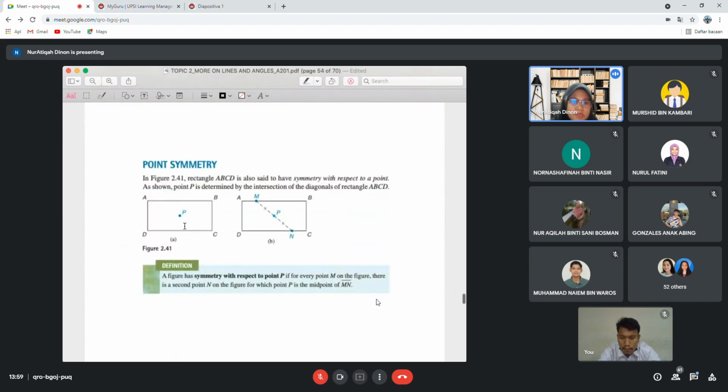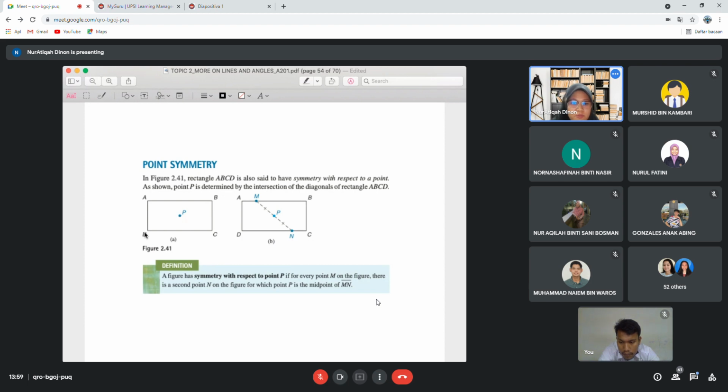You can see in figure 2.4.1, if you put point P here, rectangle ABCD is also said to have symmetry with respect to a point. Point P is determined by the intersection of the diagonals of rectangle ABCD.